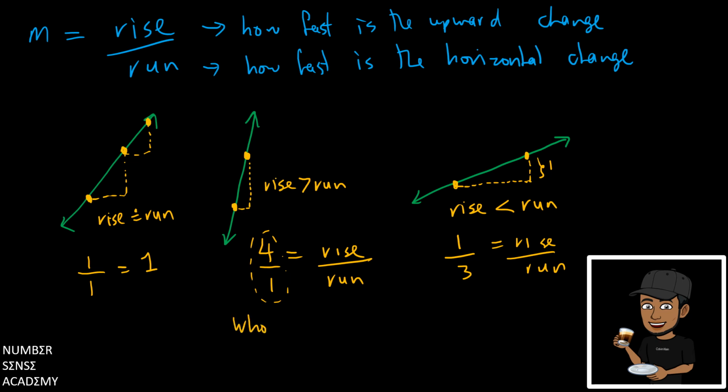And I say whole numbers, maybe I shouldn't say whole numbers. Integer values, because they can be integers. Integer values are steeper, or represent steeper slope.